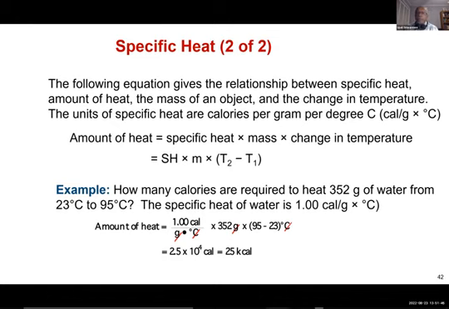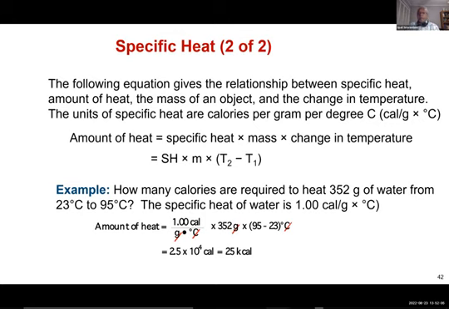Now, in previous slides, we talked about states of matter, scientific method, measurement, properties of a measurement, number part, unit part.